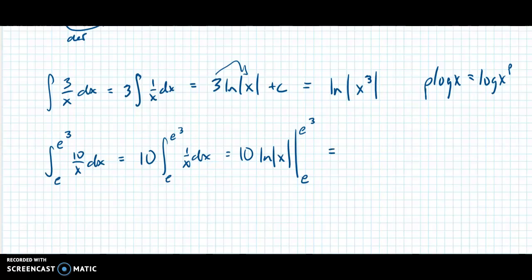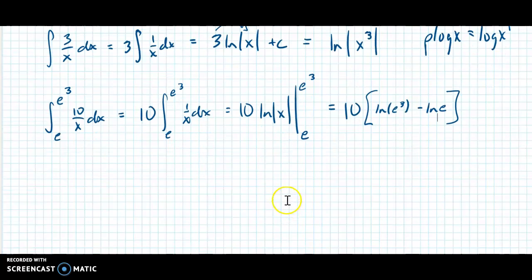So this is the way that I like to typically write these definite integrals: write the 10 out front and then put some brackets or parentheses and write ln of the top one, e cubed, minus ln of the bottom one, e. Now, you should be able to do these logs because we've done them as a class. Remember, ln and e to the cancel.